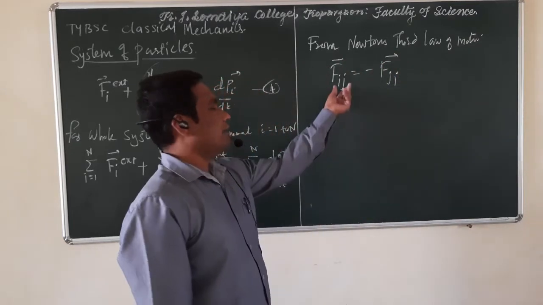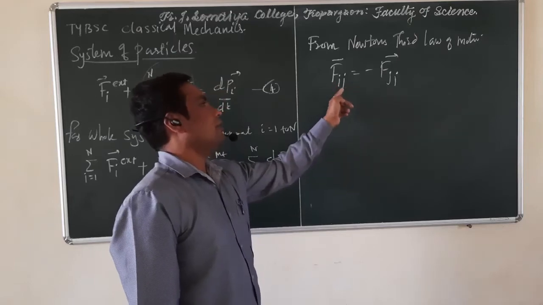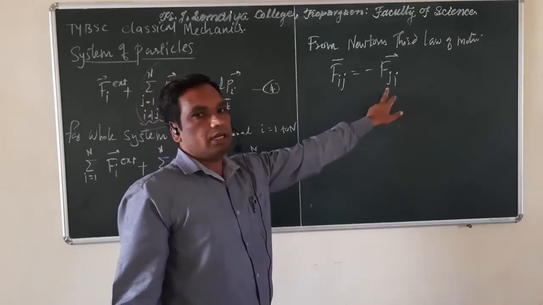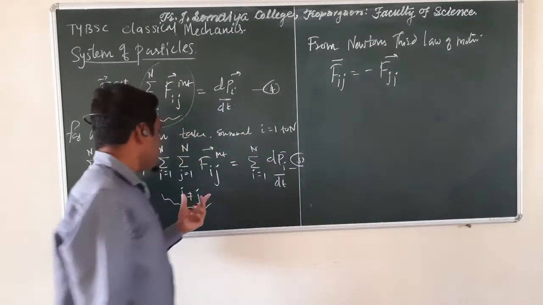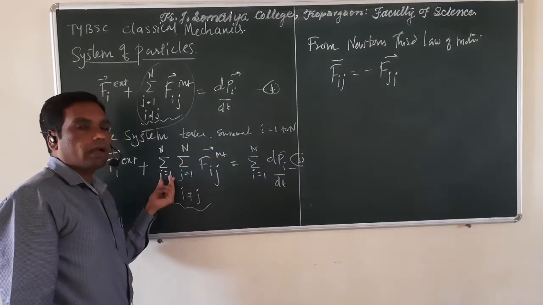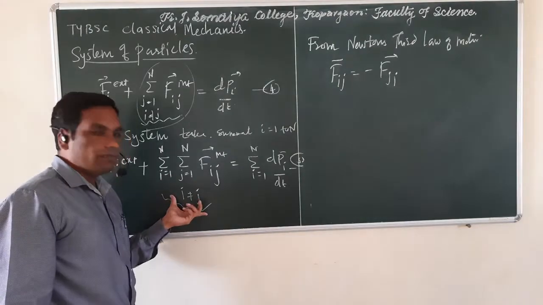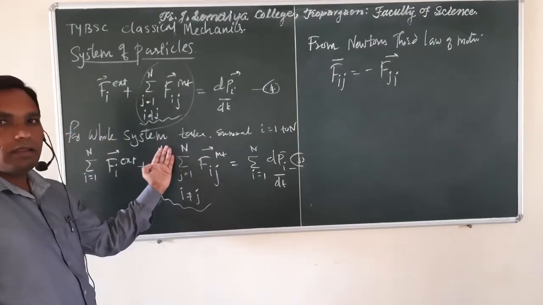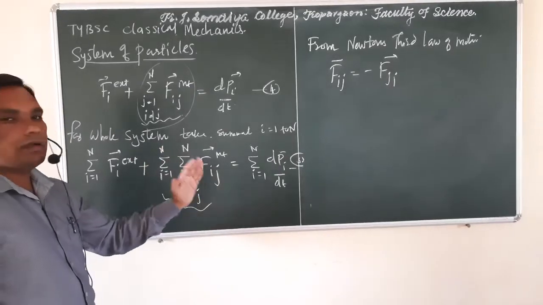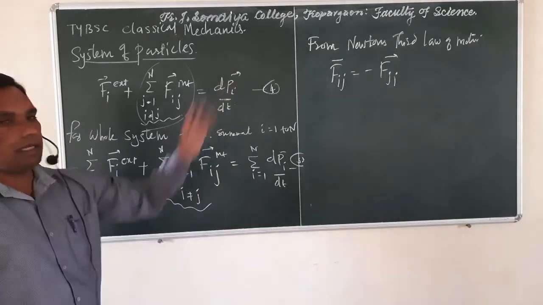Here Fij means force acting on the ith particle due to the jth particle. And Fji means force acting on the jth particle due to the ith particle. If we take summation over i, then and only then will this cancel. If you do not take summation over i, this term does not cancel in that equation.